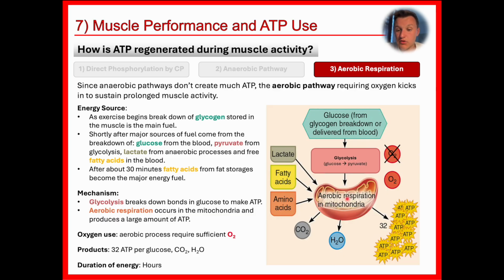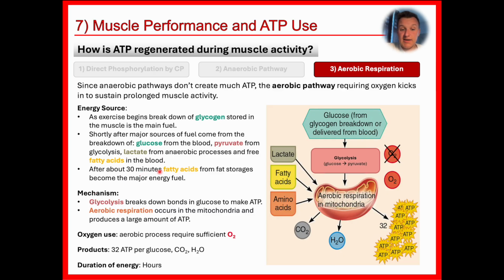So pyruvate will go to the mitochondria here. Lactate from anaerobic processes will also come in and feed into this process. And free fatty acids that are found in the blood will enter into the mitochondria and do this. So this is in the beginning, shortly after.